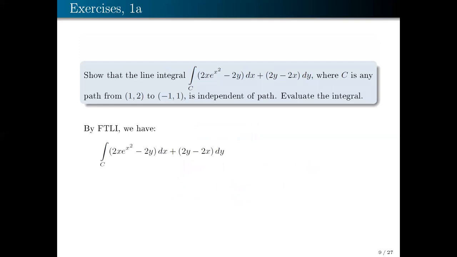So we have the line integral given here equal now to the evaluation of phi at the terminal point, negative 1, 1, minus phi of the initial point, 1, 2. For reference, we put phi here. All right, so the rest now is just plugging in and solving for the values.